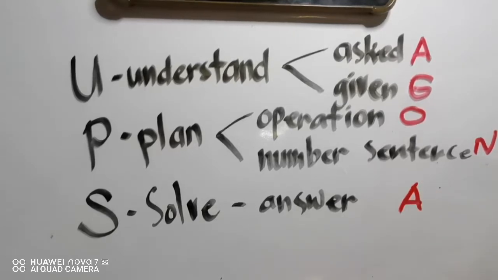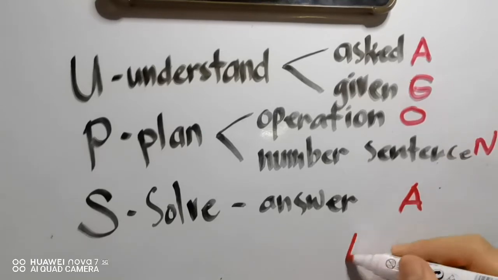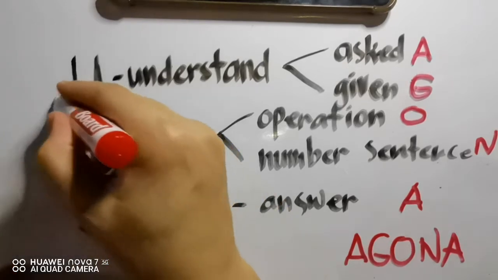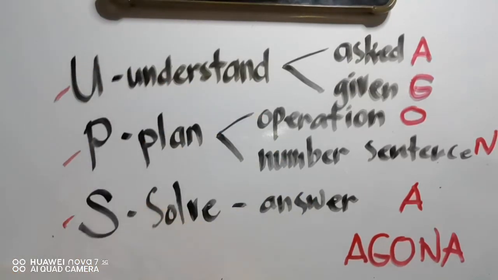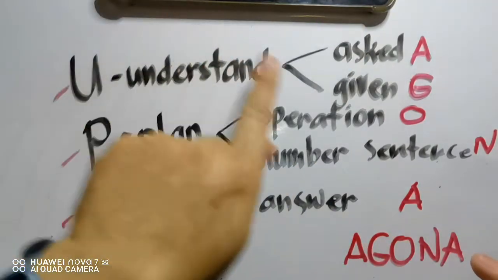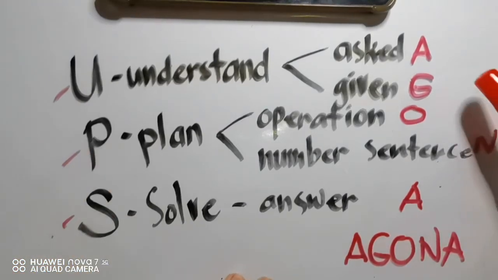Or, if we combine those, the acronym is AGONA. It's just an acronym to help us. Here, U, P, and then S. Okay, so it's up to you if you want to use this one, understand, plan, solve, or you can just go directly to AGONA. It's up to you where you will be comfortable.